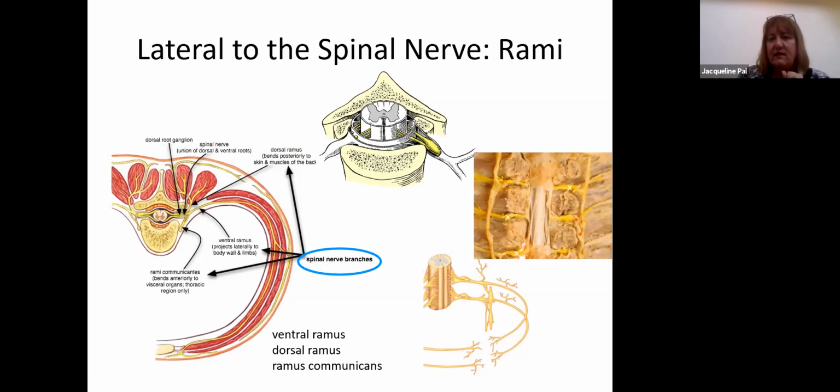So looking at it, cutting out the backside of the spinal cord to look at it, you can clearly see the dorsal root ganglion, where the X's are, and then you have the spinal nerve, and you can see the branches going out to the side. Those are the ventral rami, which will be continuing. This is in the chest area because you have ribs, and each of those ventral rami is on the undersurface of a rib.